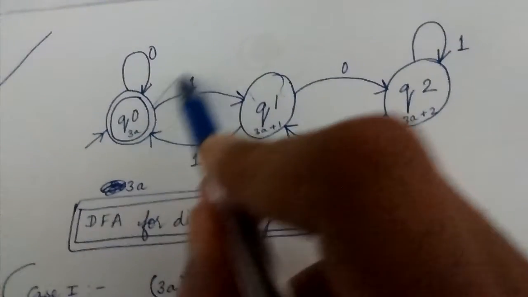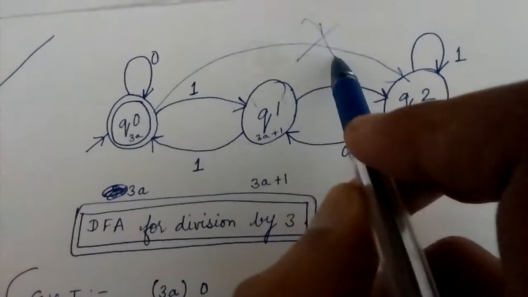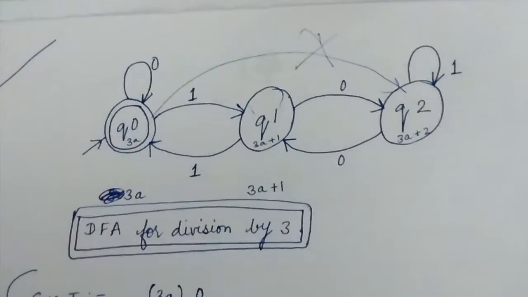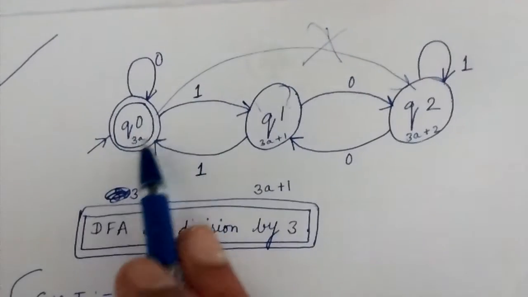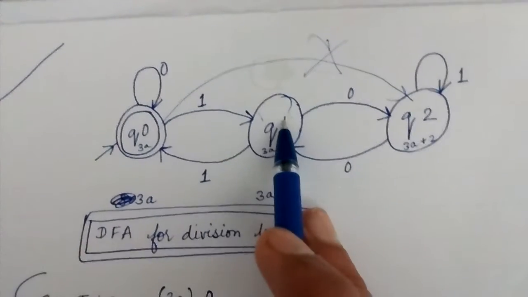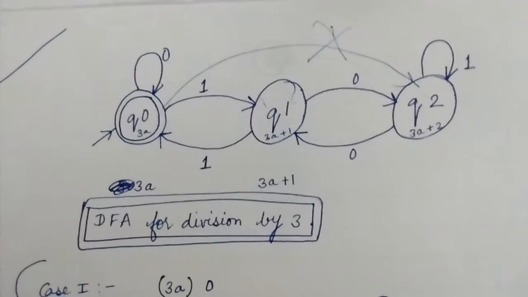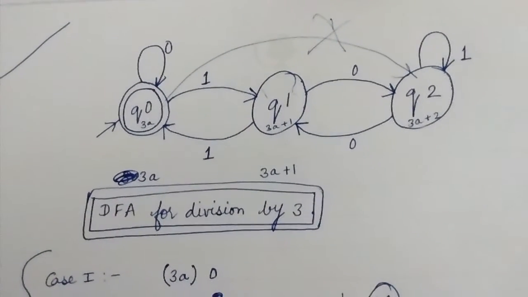Such kinds of transitions are not present. So it is a deterministic decision that if it receives a 1 on state q0, it will move to state q1.